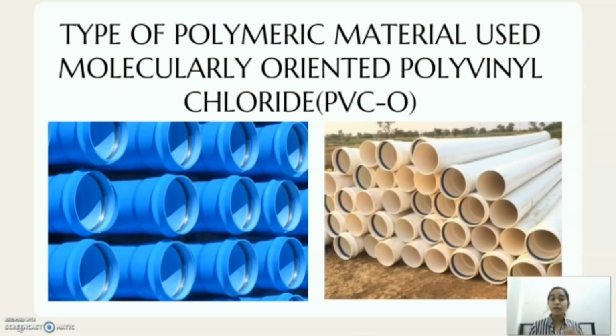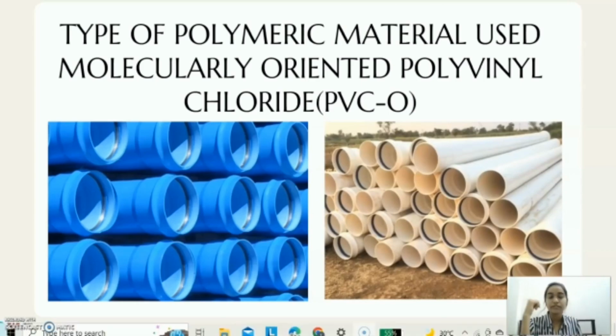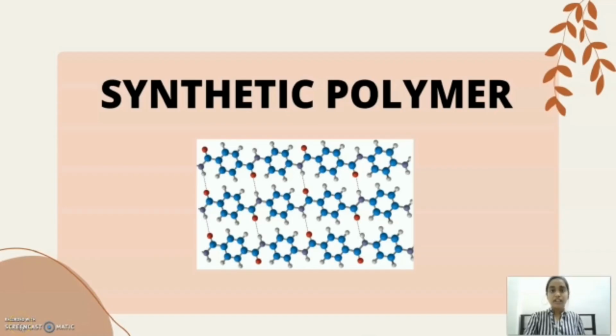The type of polymeric material we use is molecularly oriented polyvinyl chloride, which is also known as PVCO. PVCO is a pipe that is also known as a synthetic polymer. Synthetic polymers are polymers that are made in the industry from chemical substances. It is produced artificially by humans.